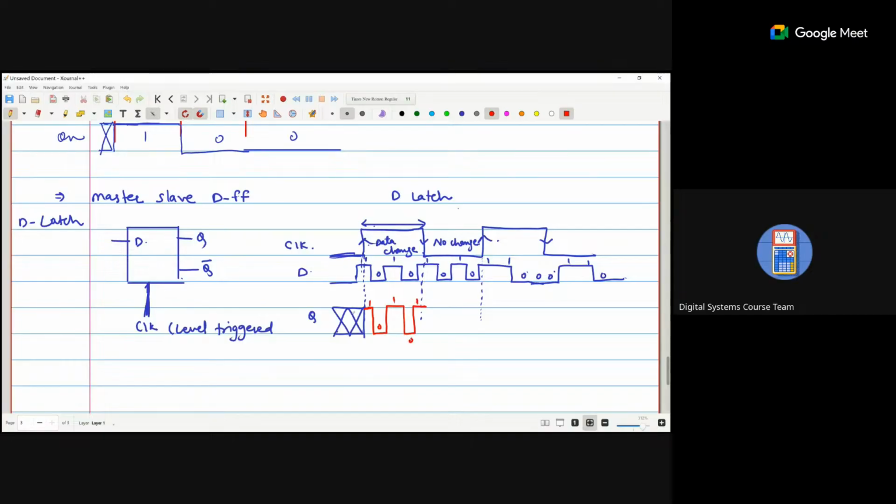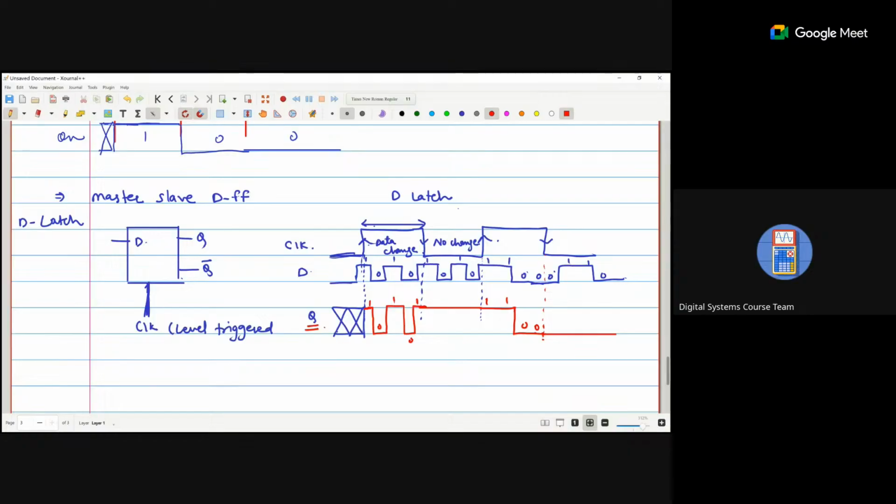Now after that, when the negative level appears, there is no change. Again the positive level appears, the data is 1 1 0 0. After that, again the positive level, negative level, no changes in the data. So this is the final output Q.